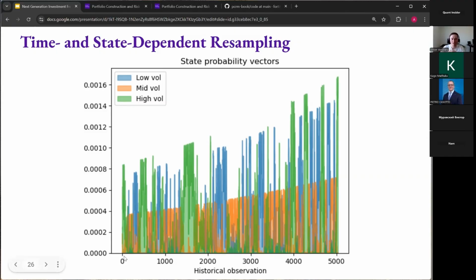Here, we have something like 20 years of daily data, and each of these green bar charts corresponds to a probability vector. So they all sum to 1. One is when we have a high volatility state, one is a medium volatility state, and then finally, we have this low volatility state.